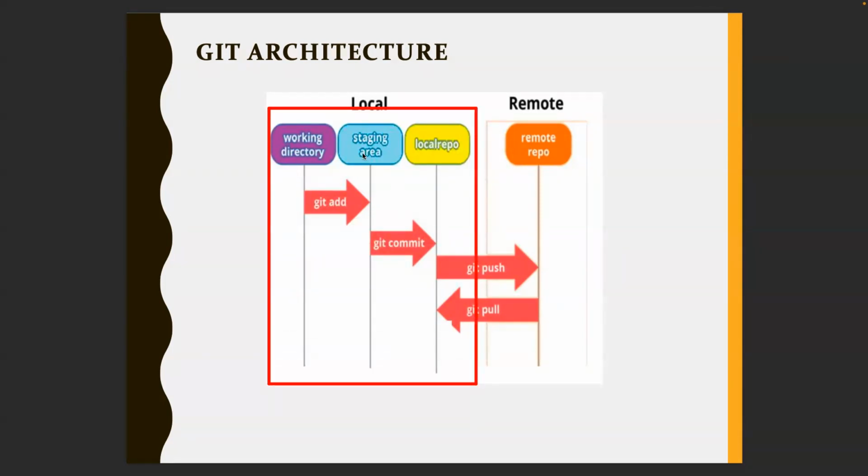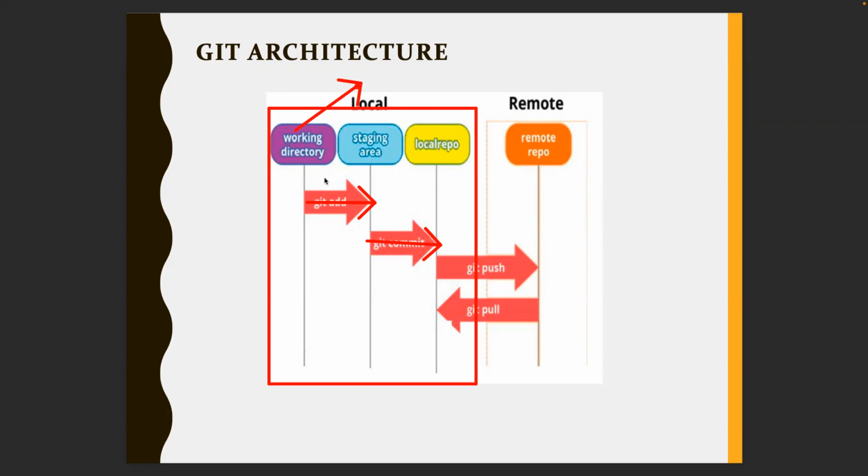It's not a physical thing. First you have to move your changes to the staging area, and from the staging area only, you move to local. You can't just move from here to here. So you will have a directory, and from there, you will move to staging.